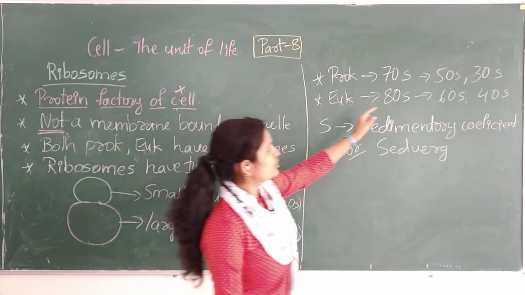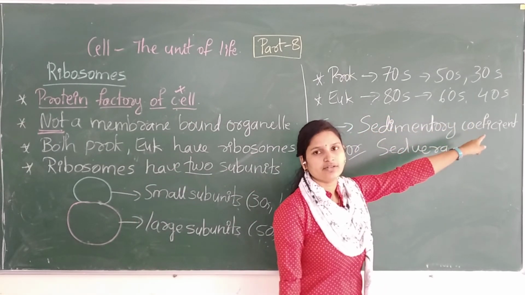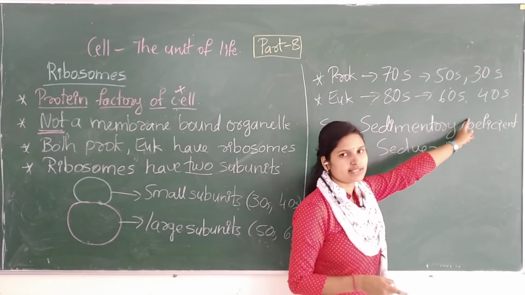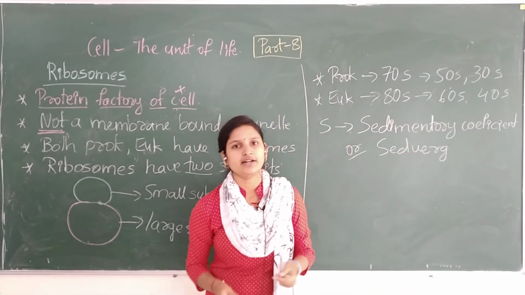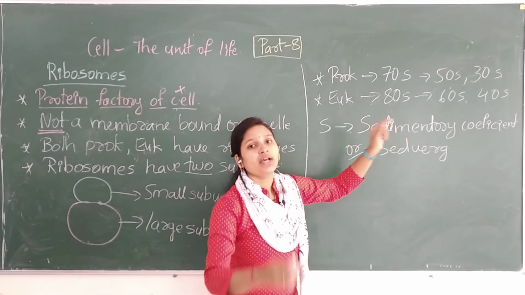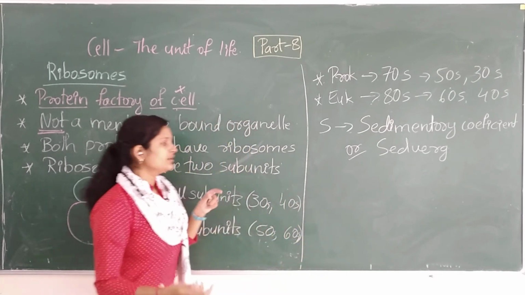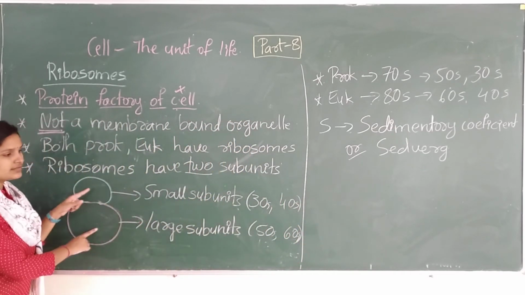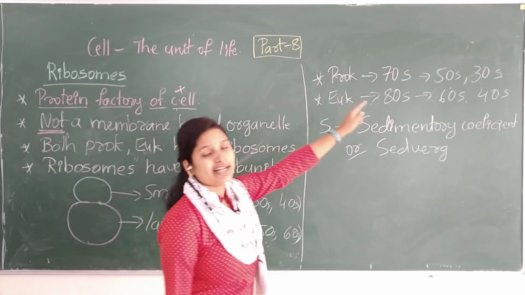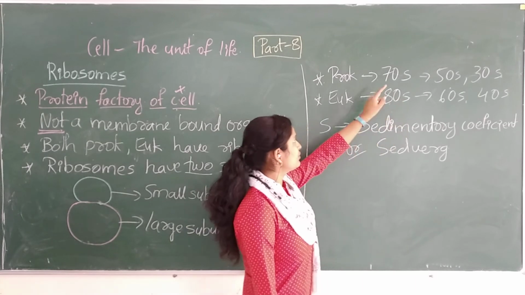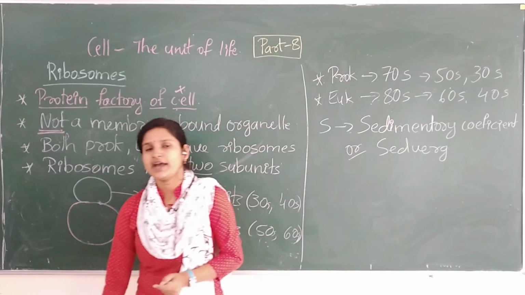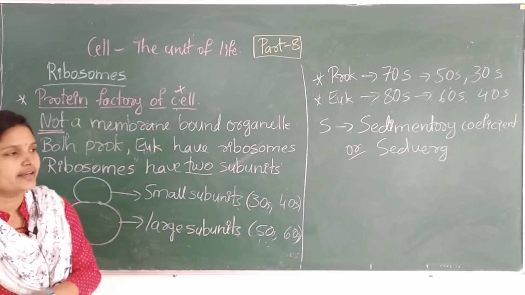Here also don't combine these and write it as 100. I am telling you, you people will do it like this only. Remember, eukaryotes have the 80S type of ribosome, and that 80S has subunits of 60 and 40. In prokaryotes the Svedberg coefficient will be 70S, and that 70S is 50 and 30S. Understood?